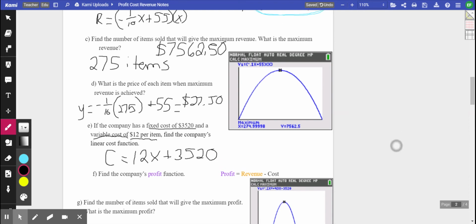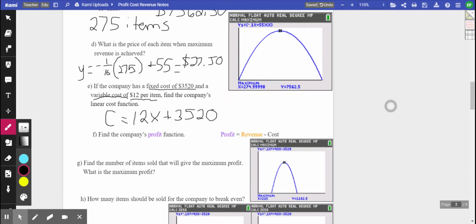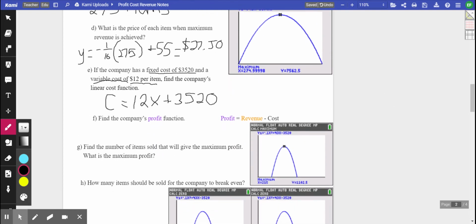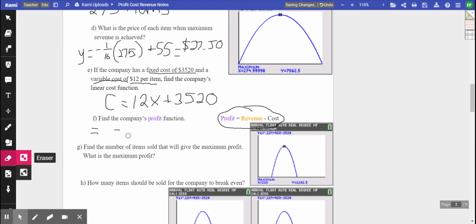Okay. In the next example, we need to find the company's profit function. So profit is equal to our revenue subtract our cost. Okay, wrote that over here. Our profit is equal to our revenue subtract our cost. So our revenue, if you remember correctly from up above, let me get rid of this so I have space.